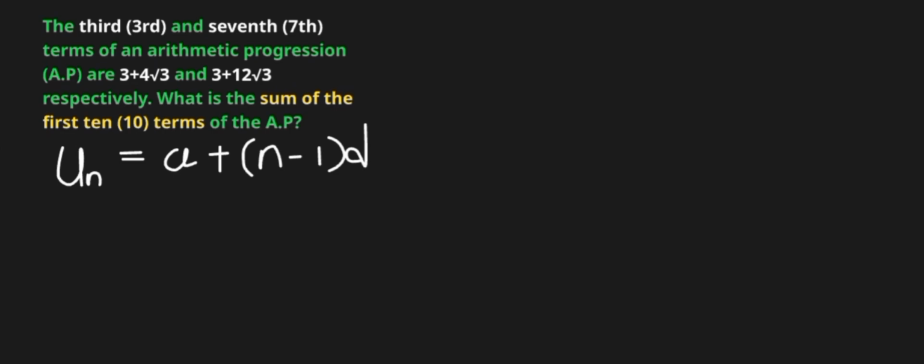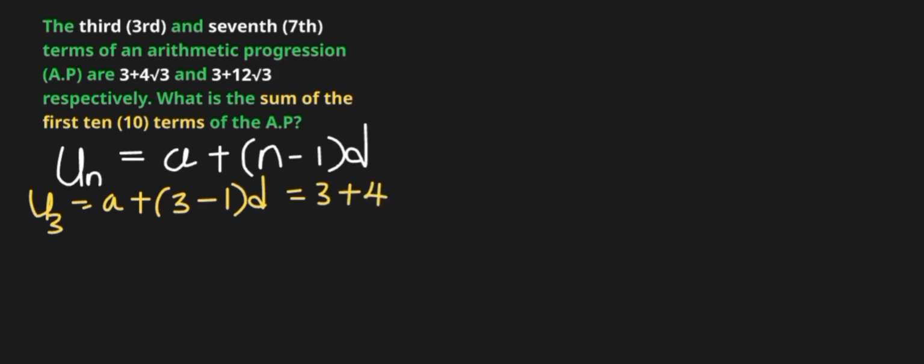Now, with the third term given as 3 plus 4 root 3, we can safely say that u3, where n is 3, the third term, is a plus 3 minus 1 times d, the common difference. And this must be equal to 3 plus 4 root 3 as given in this problem.